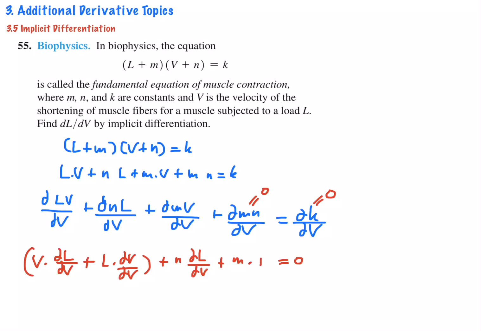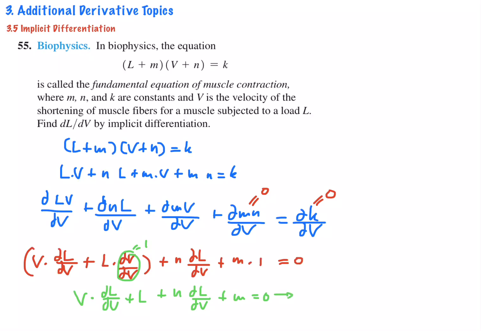Then let's open the parentheses. For this case, dV over dV is equal to 1. We can just rearrange this: V times dL over dV added with L plus n dL over dV plus m equals 0.